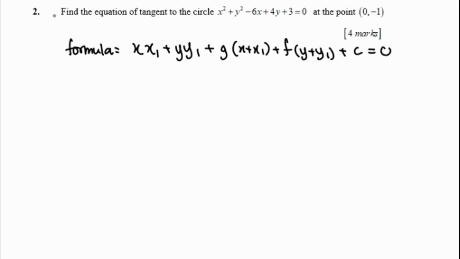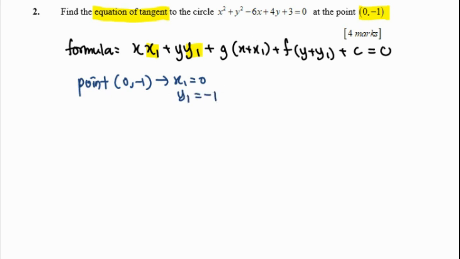Next, for question 2, find the equation of the tangent to the circle x squared plus y squared minus 6x plus 4y plus 3 equals 0 at the point (0, negative 1). For this question, we can find the equation of the tangent by using a formula where we need x1, y1 as the point, which is (0, negative 1), where x1 is 0 and y1 is negative 1.